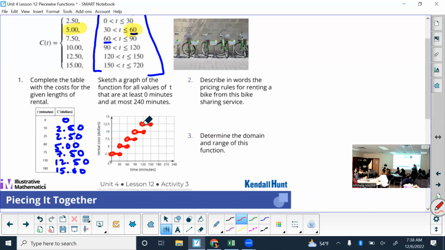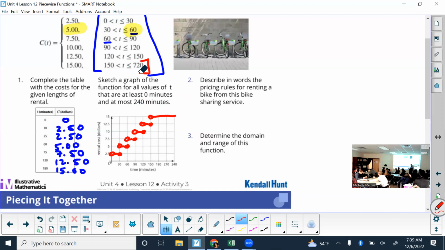Oh, sorry. And what kind of circle? Good, and then. Are you sure that there'd be a closed circle on the 180 according to the rule here?